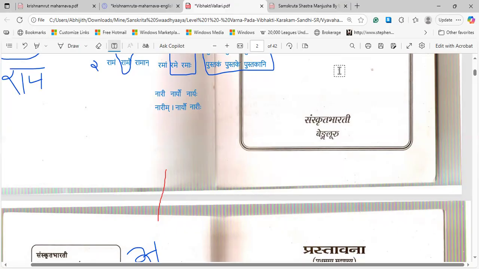There, I think we can have 1 or 2 classes just for that, where after we complete it, we have memorized the Rama Shabda. One can take up Rama Shabda, one can take up Krishna Shabda, and give the forms of it.